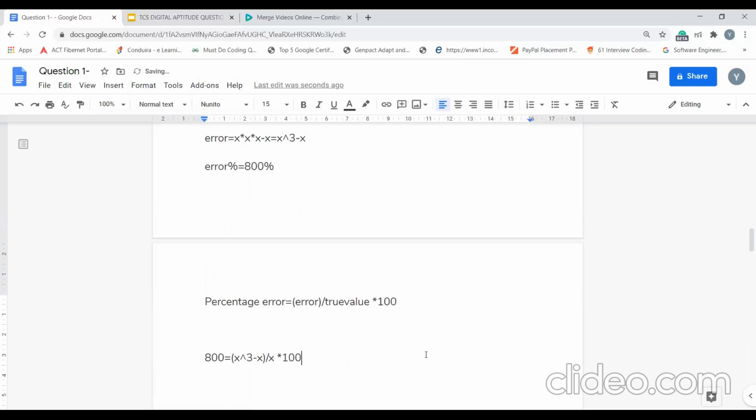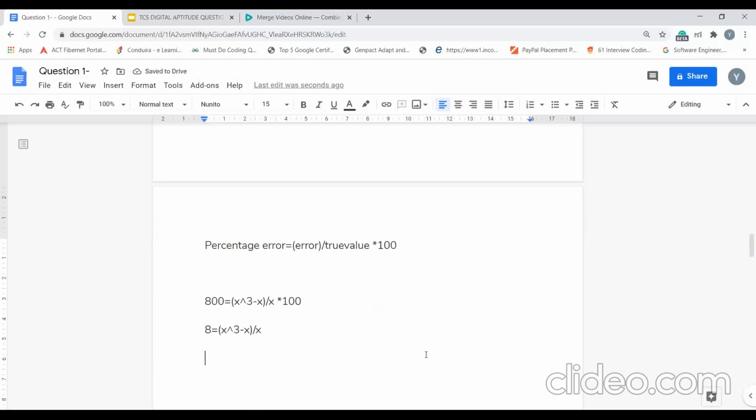The zeros get cancelled. You will be left with 8 equals x power 3 minus x by x, which can be written as 8x equals x power 3 minus x, which is nothing but x power 3 minus 9x equals 0.